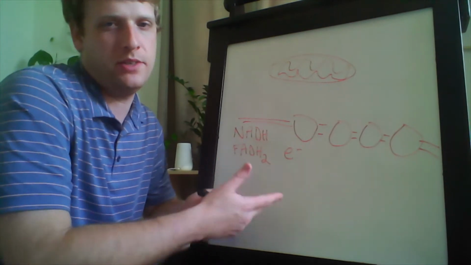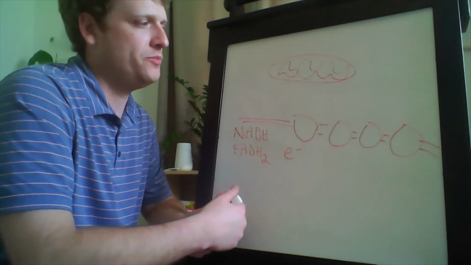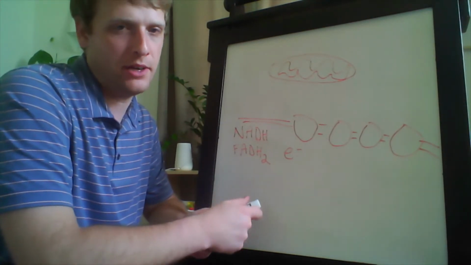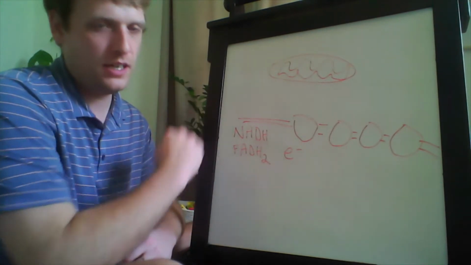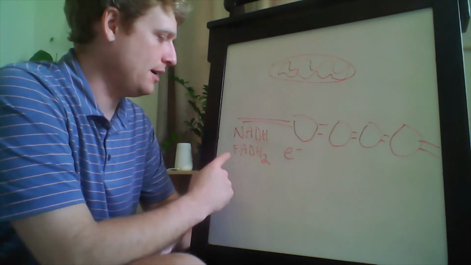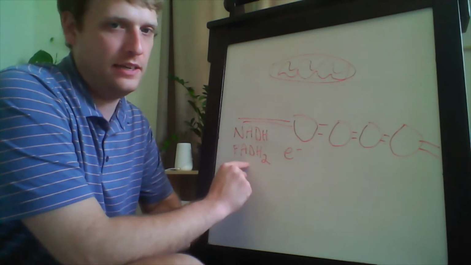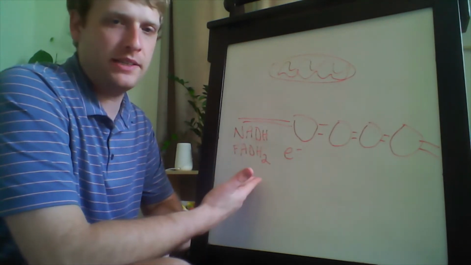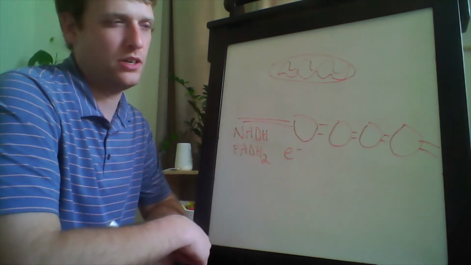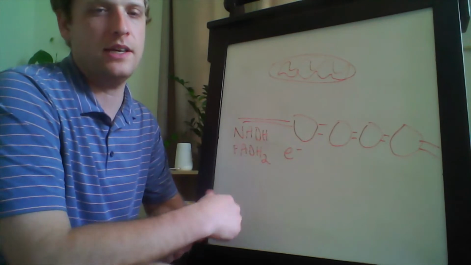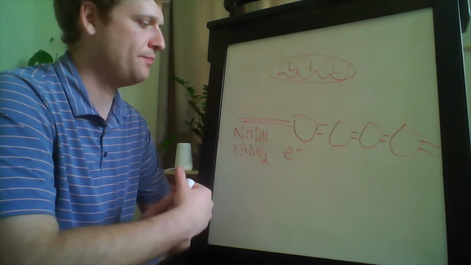I kind of want to jump to the end. There are a few steps that I'm skipping right now, but since we've already talked about these reduced coenzymes, NAD and FAD, which have picked up electrons and are now carrying them, I want to jump ahead a little and tell you why they're doing that.